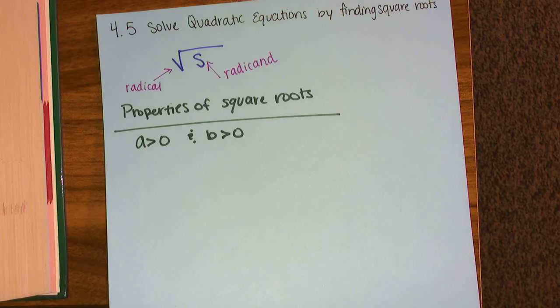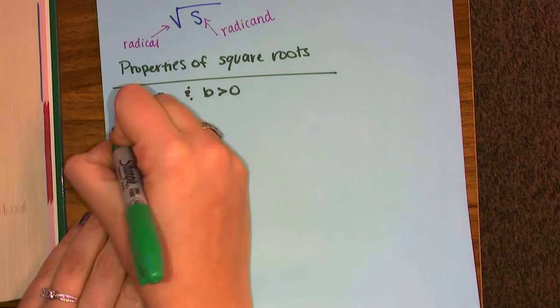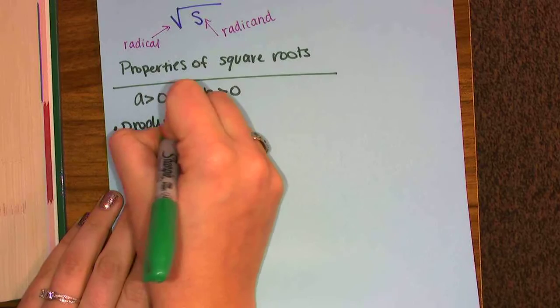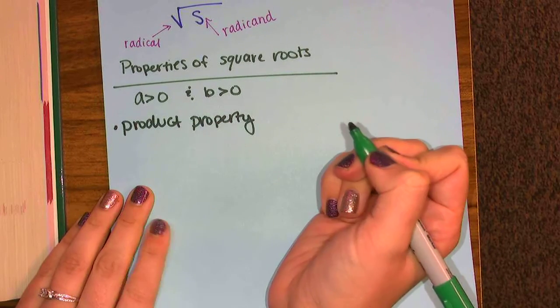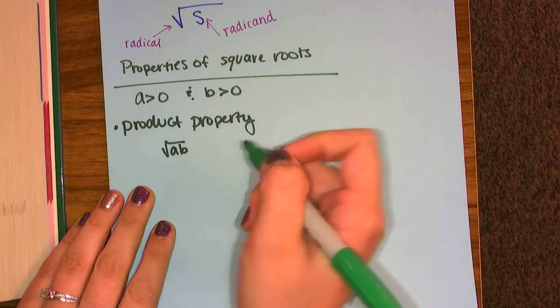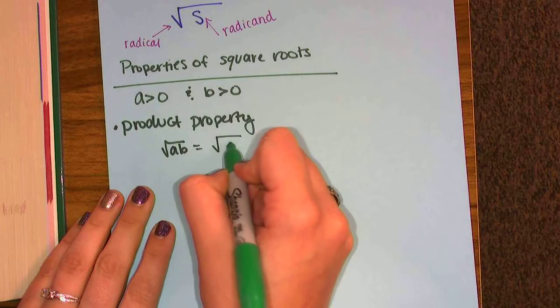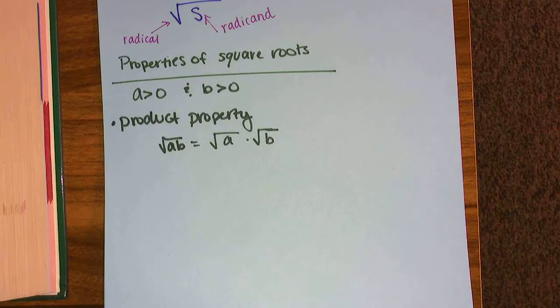So we have these two properties. So the first one is the product property. And this says that the square root of a times b is equal to the square root of a times the square root of b. So if you're multiplying square roots, you can multiply what's inside of them.